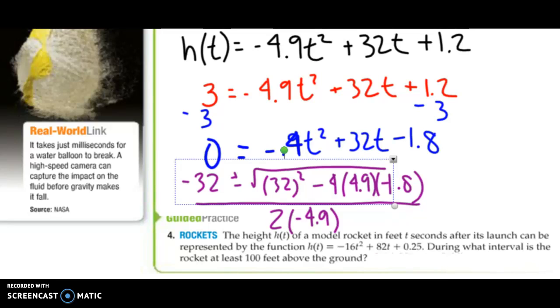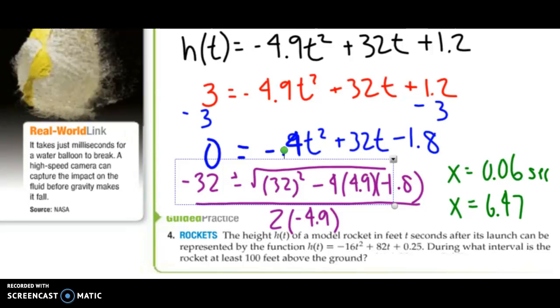Right? And so I put those into my calculator. I figure those out a little bit easier, and I get two answers. Okay? I get t is equal to 0.06, and I get t is equal to 6.47 seconds.